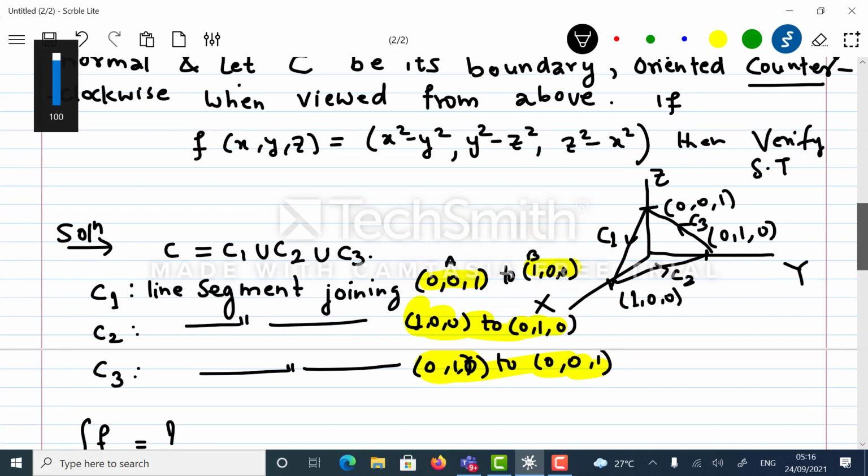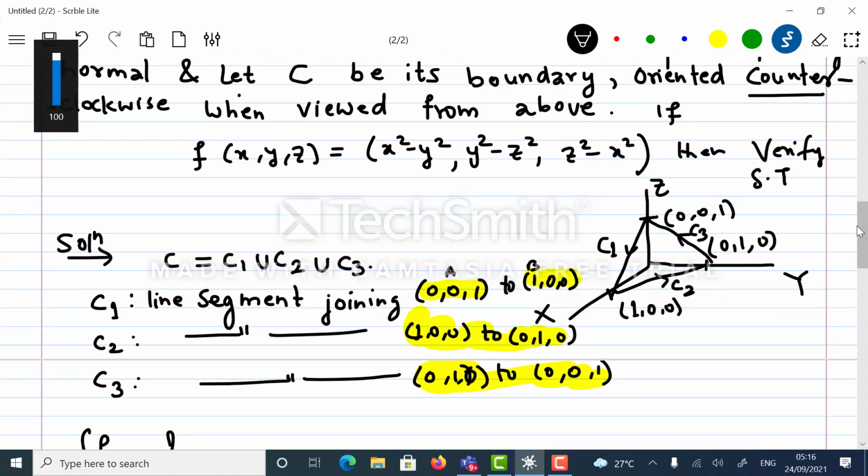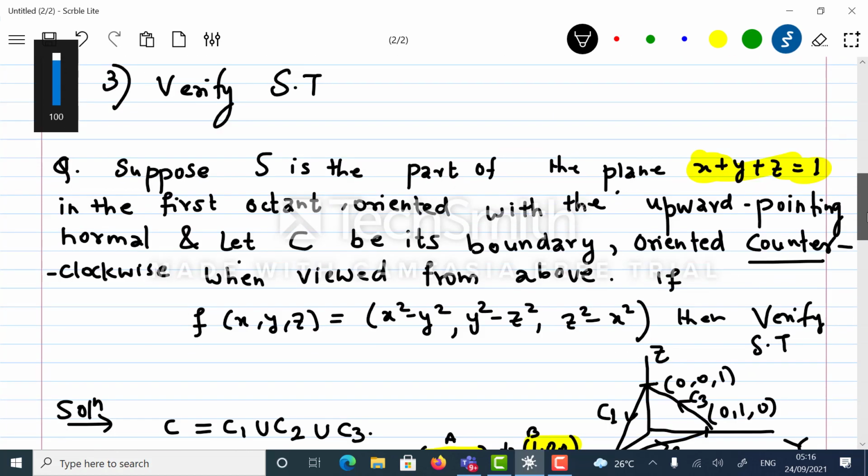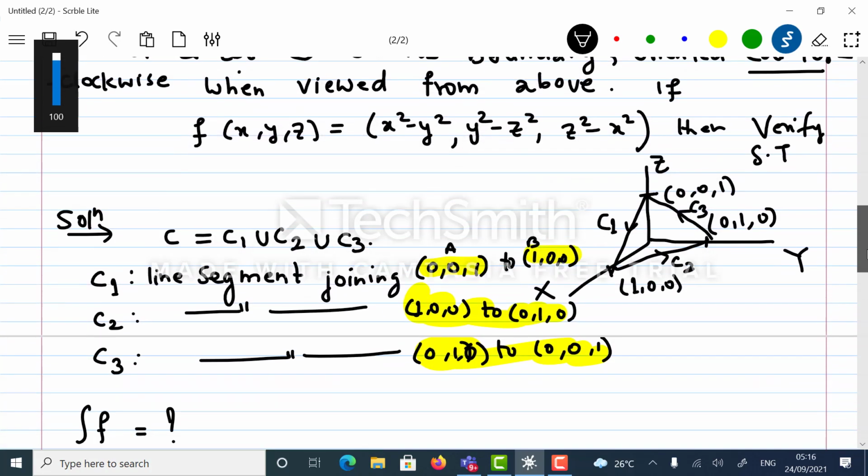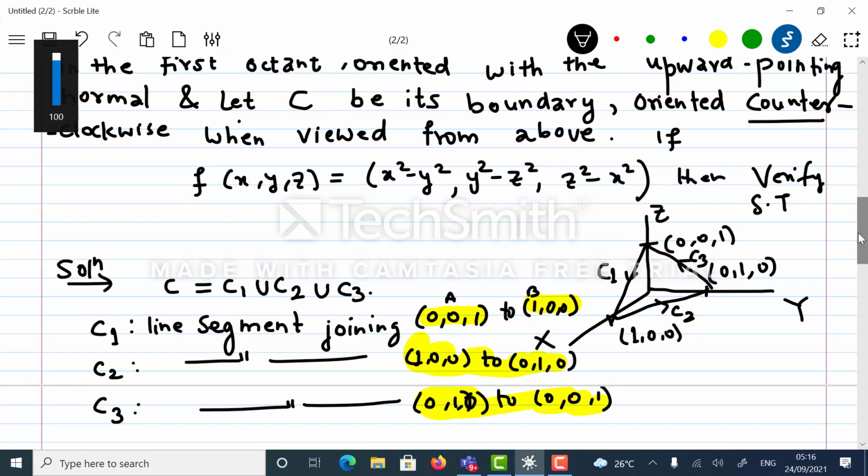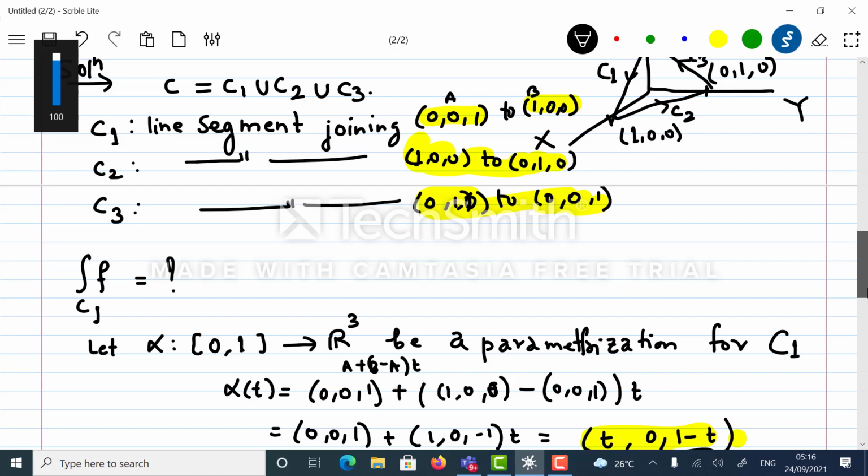Now the surface integral part I need to define now. Okay, so I need to have a parameterization first. So for the surface integral, if I go for the parameterization for this tetrahedron, whose equation is x plus y plus z is equal to 1, then its parameterization will be x comma y comma 1 minus x minus y.